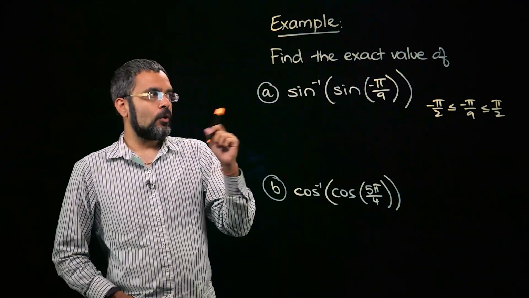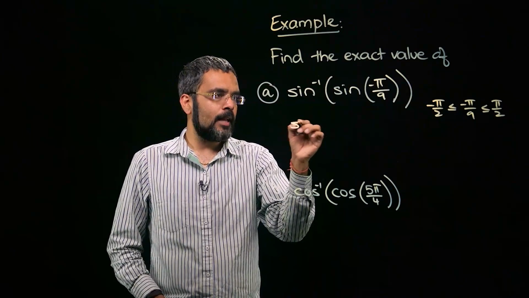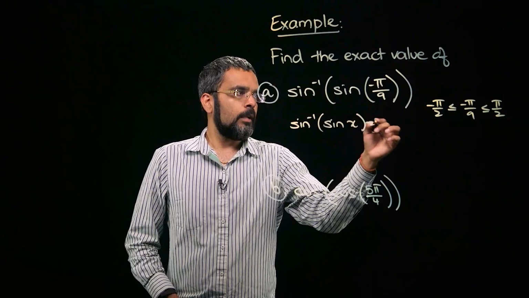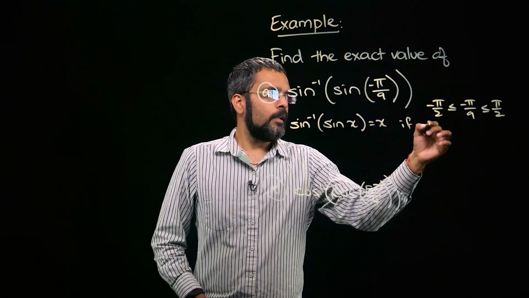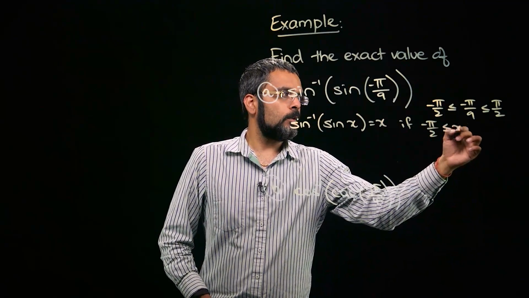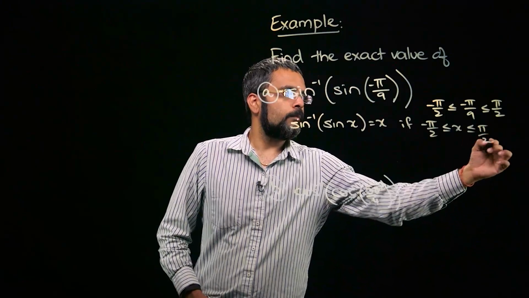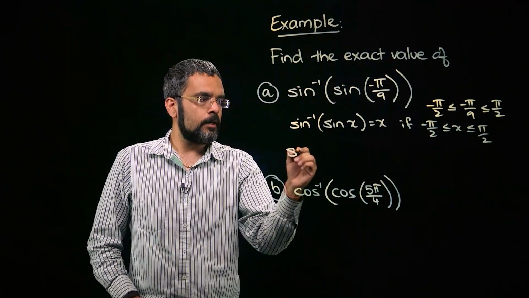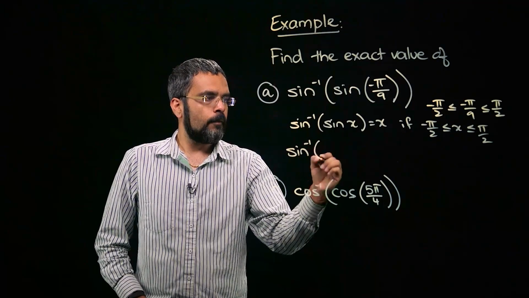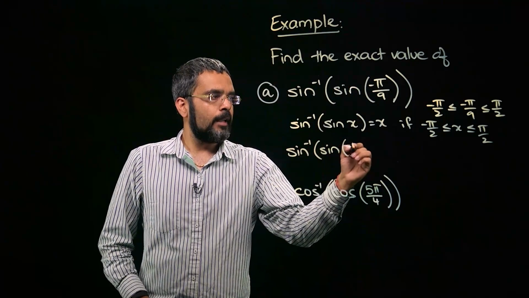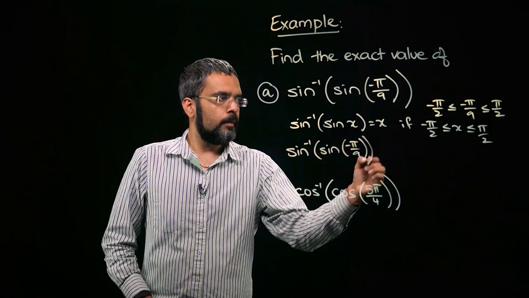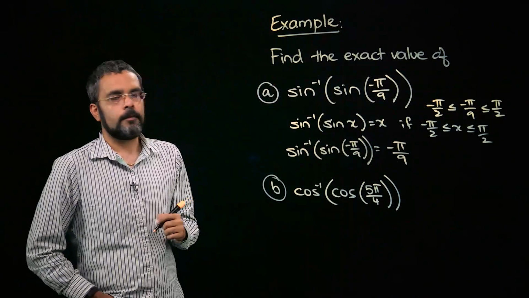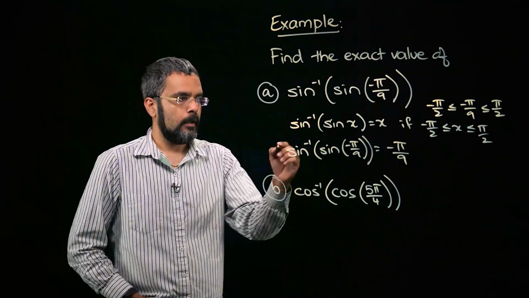The property said that sine inverse of sine of x equals x if negative pi over 2 is less than or equal to x less than or equal to pi over 2. For that reason, sine inverse of sine of negative pi over 9 is equal to negative pi over 9.